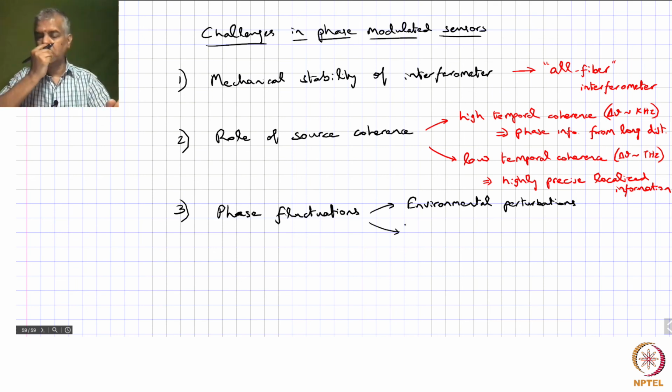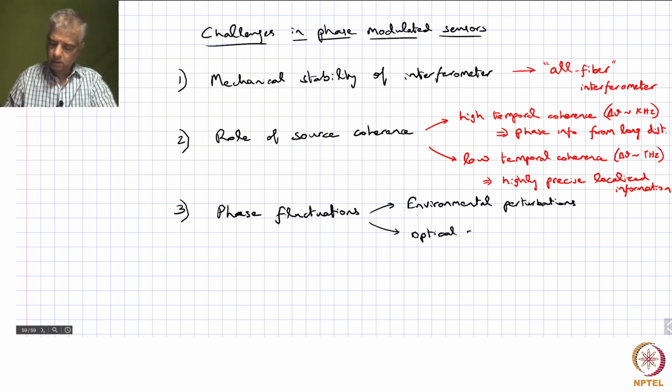Or you could actually get that from the optical source itself. So what do I mean by that? Essentially, when you talk about line width of a light source, that line width is representing a spread in frequency. But as far as phase measurements are concerned, that corresponds to an uncertainty in defining the phase.